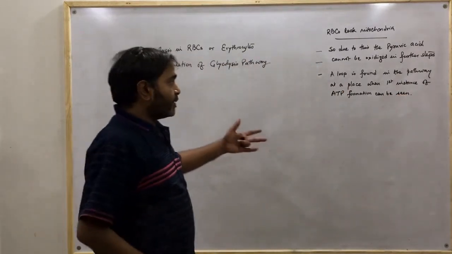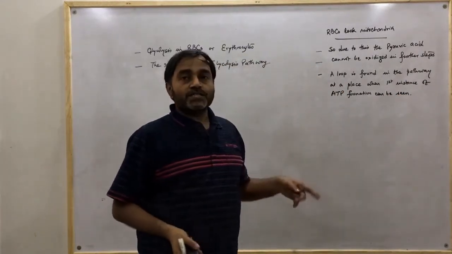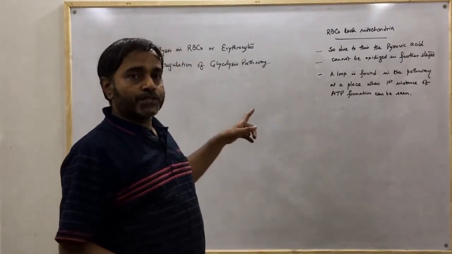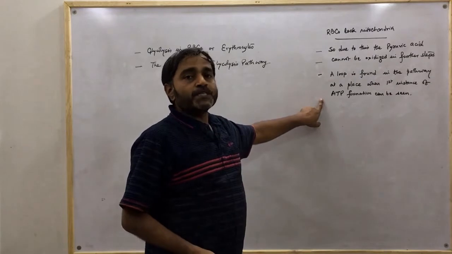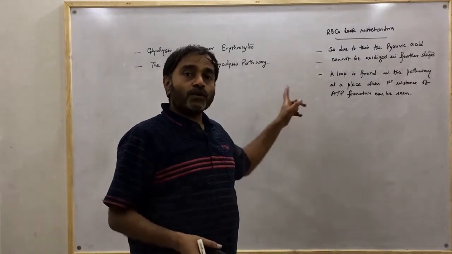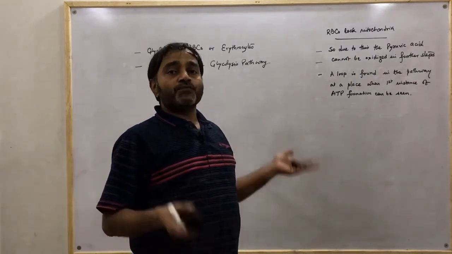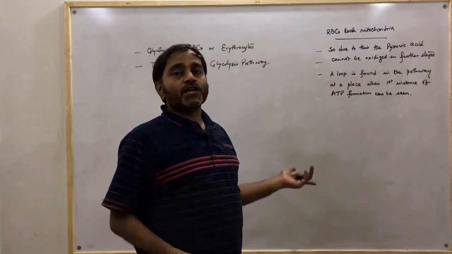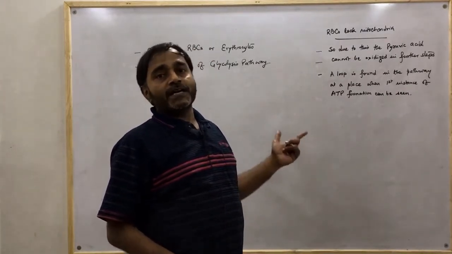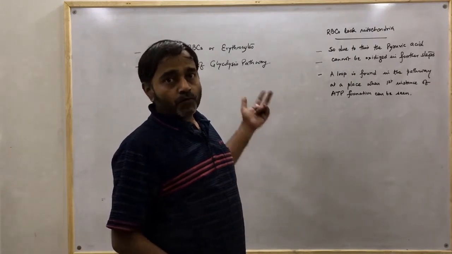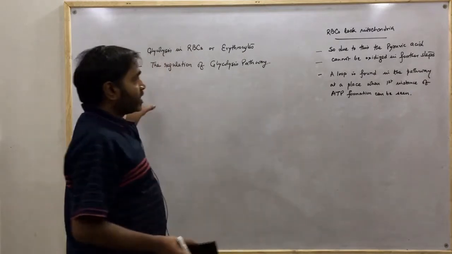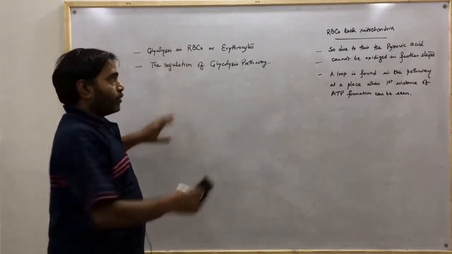So what does it mean? That at the first instance where the ATP formation used to occur in the glycolysis, there such a loop is present which causes the formation of 2,3-bisphosphoglycerate compound, and thereby the formation of ATP is avoided in that particular step. So we need to represent that thing in the pathway, and for that reason I need to rub it down.